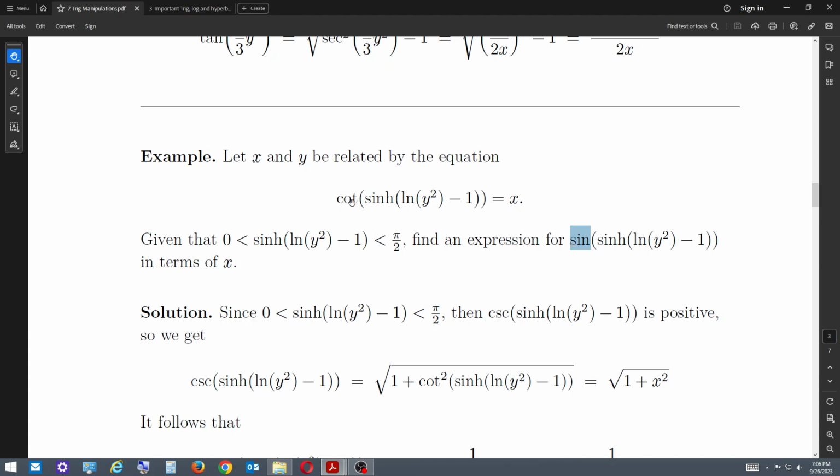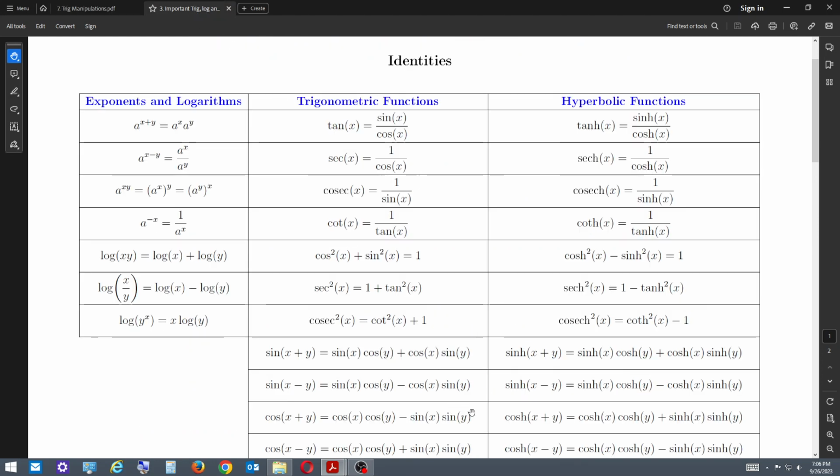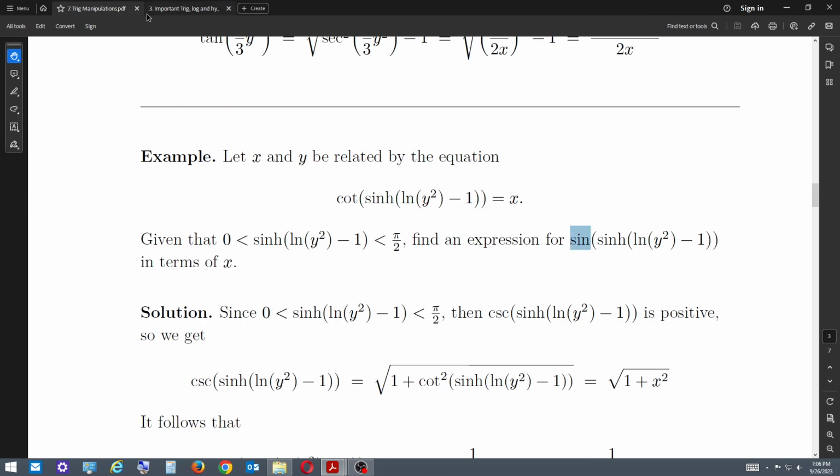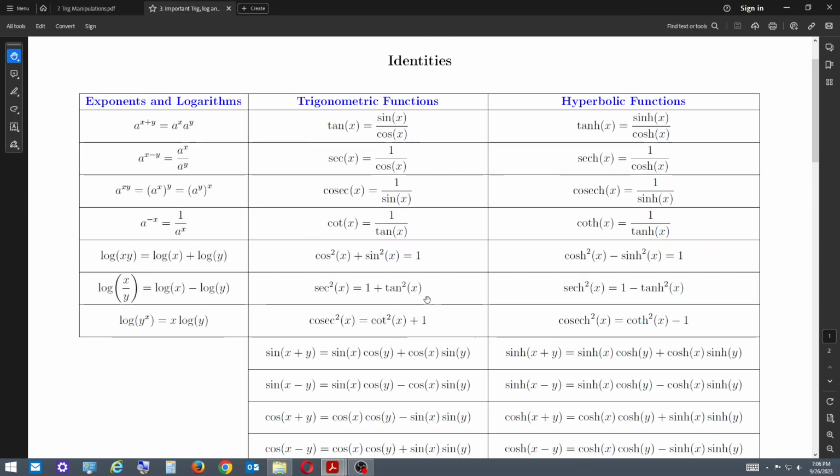So we know cotangent is 1 over tangent, so I could find tan of this angle, which would just be 1 over x. But that doesn't directly help me with sine. I still need to do something else. Now we don't know cosine in this case, so we can't use this to help. What do we have? We have cotangent. Now, if you look at this identity here, remember cosecant is 1 over sine.